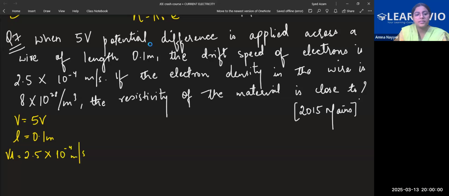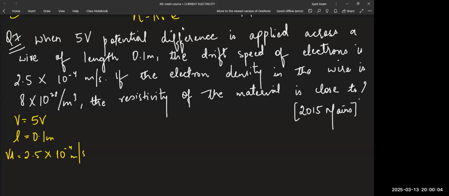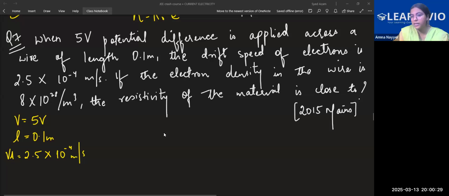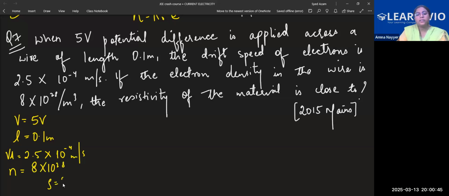And we have the value of n, 8 into 10 to the power 28. And what do we need to get? We need to get the resistivity.